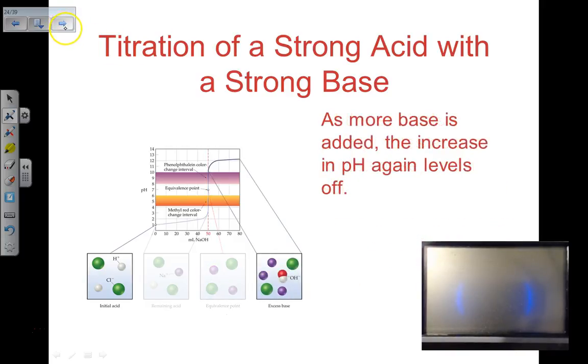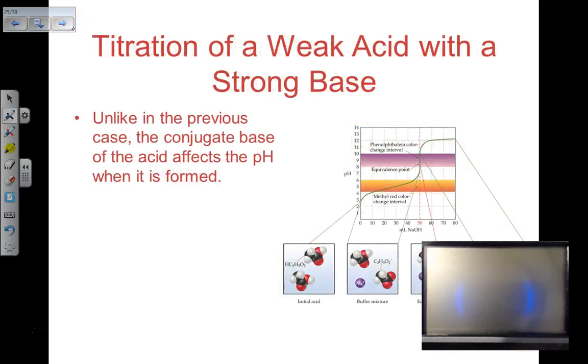Let's move through this. Now we're going to titrate a weak acid with a strong base. Look at what happens at the equivalence point, the point where the amount of weak acid equals the amount of strong base. At the equivalence point, the pH is going to be above 7.